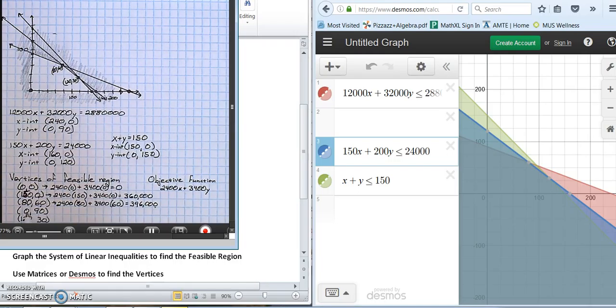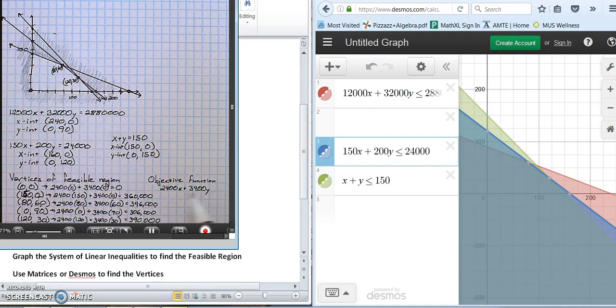If I have 0 type 1 homes and 90 type 2 homes, the profit is 3,400 multiplied by 90, and that ends up being 306,000. Then if I have 120 type 1 homes and 30 type 2 homes, I have a profit of 390,000.